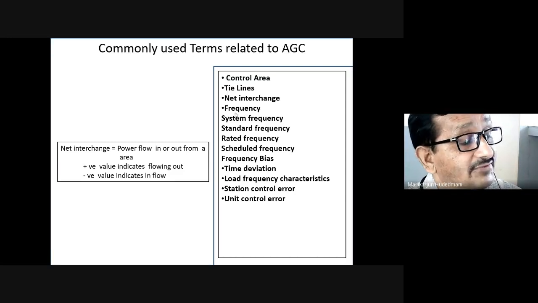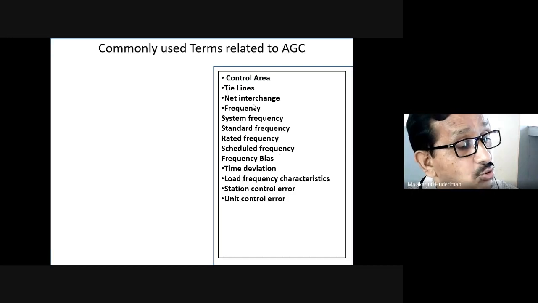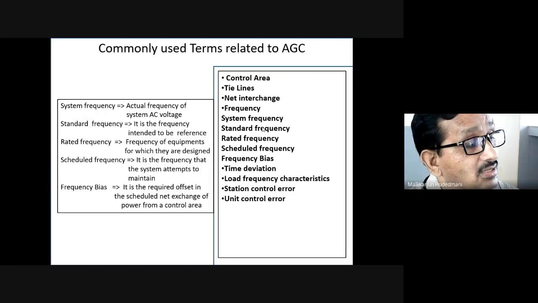The next definition is frequency. There are multiple frequencies labeled: system frequency, standard frequency, rated frequency, scheduled frequency, frequency bias. So many connected frequency-relevant terms. Let us see them one by one. When I speak about frequency, the system frequency refers to the actual frequency of the system AC voltage.